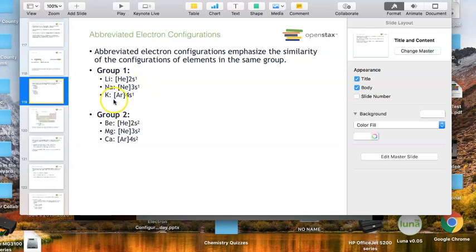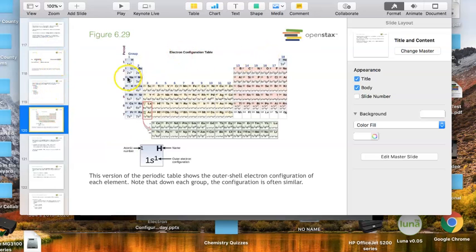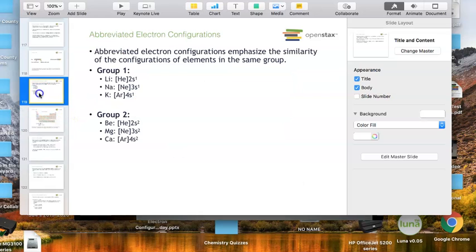For potassium, we're starting out with argon, and then it's going to be 4s1 in its abbreviated form. Notice all of the group 1 metals here have pretty much similar electron configurations in that they all have one electron in an s subshell.